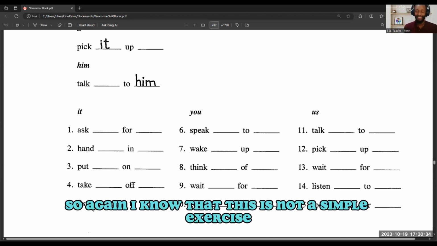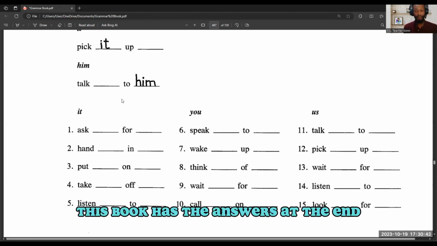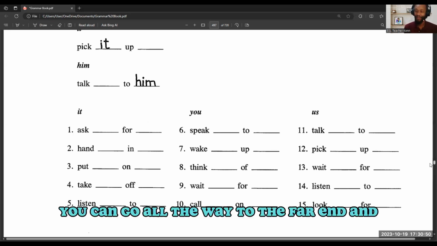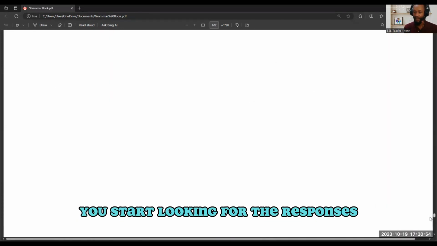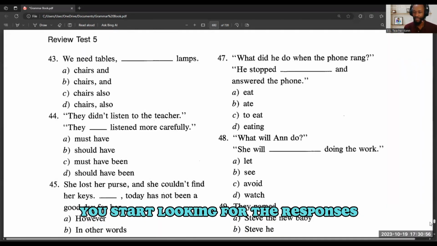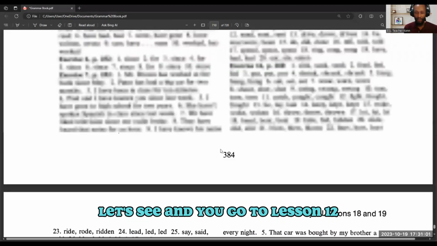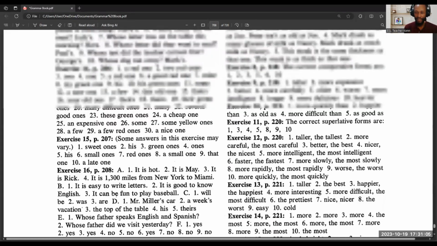So, again, I know that this is not a simple exercise. If you don't remember, you have two options. This book has the answers at the end. So if you want, you can go all the way to the far end and start looking for the responses. Let's see, you go to lesson 12. Let's see if I can find it.